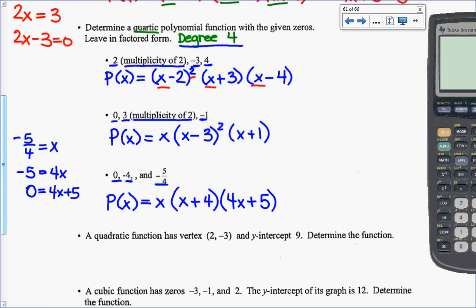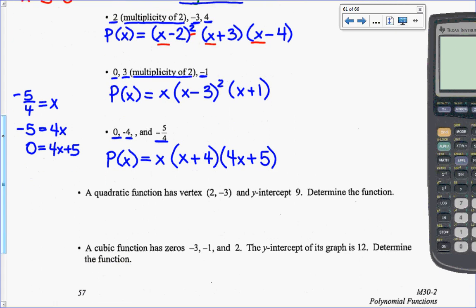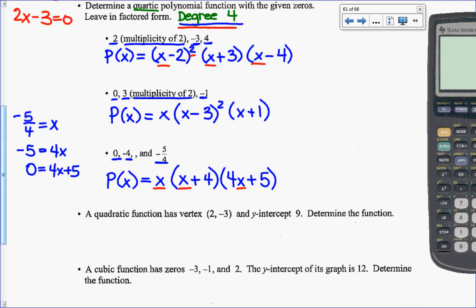But when I double check this one, I notice that if I multiply this, I've got x times 4x. That's only going to give me x cubed. That's not going to give me a quartic function, a degree 4 function. So that tells me that I need to have multiplicity 2 on one of these factors.